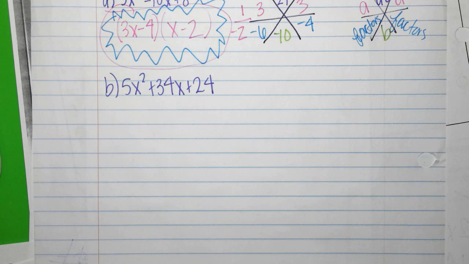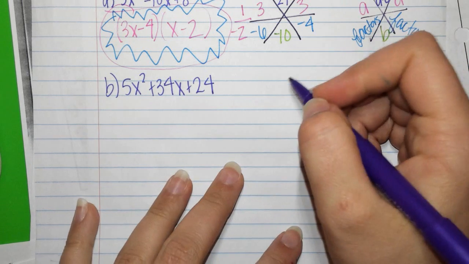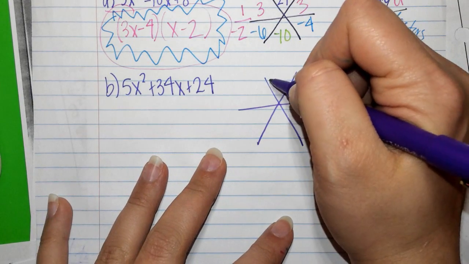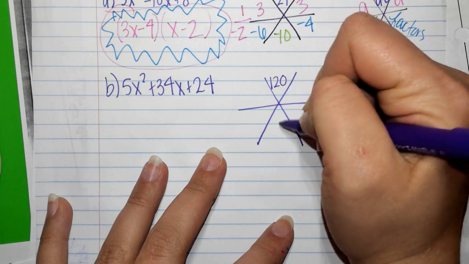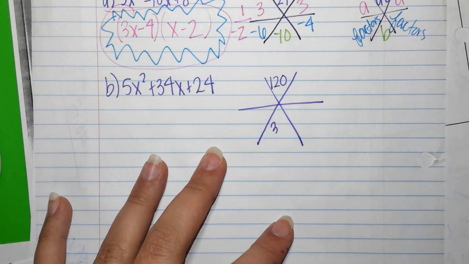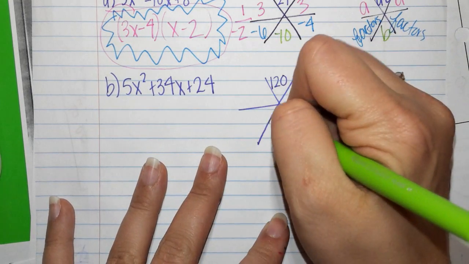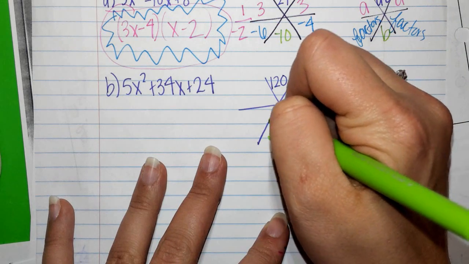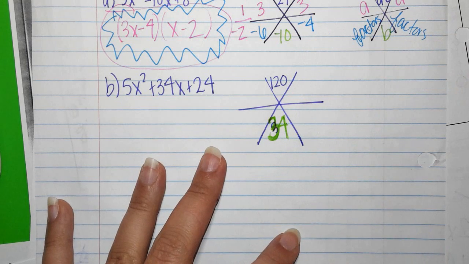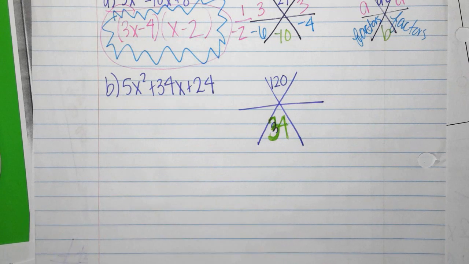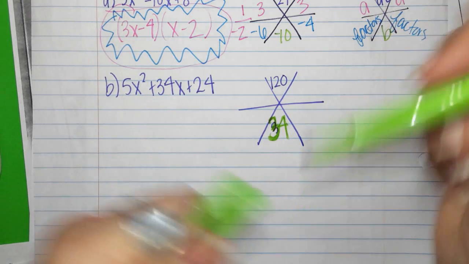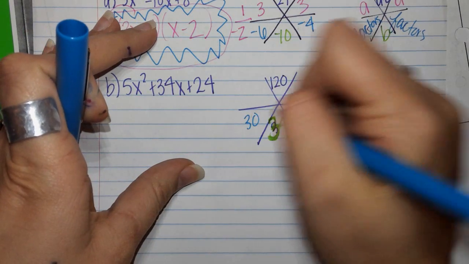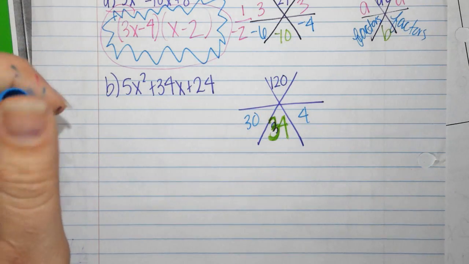So what did we do first? Multiply 8 times... And you got 120? And you add to get 34, right? All right, what two numbers did you get that multiply to give you 120? All right, what goes on top of your star?